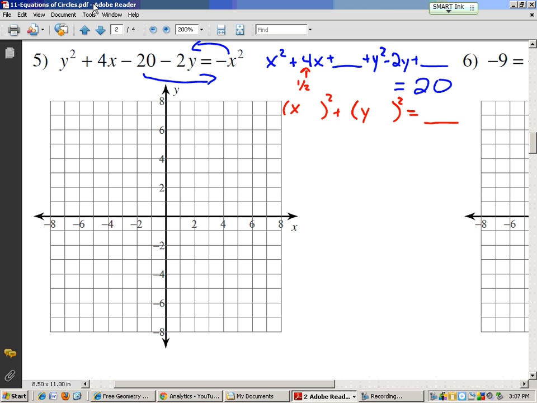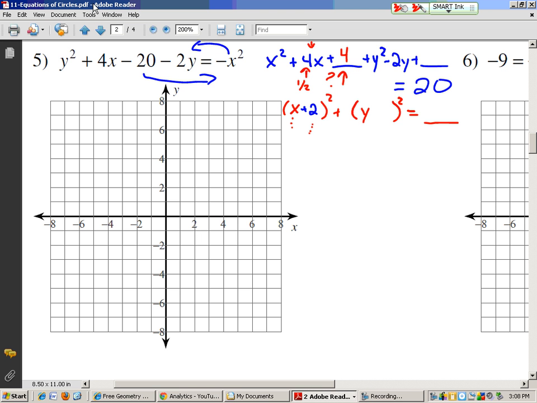So half of that 4 is 2. So whenever I square this thing out, what number should have been here? Well, x times x is x squared. And then x times 2 is 2x, and 2 times x is 2x. Together, those make the 4x. And then 2 times 2, that is plus 4.